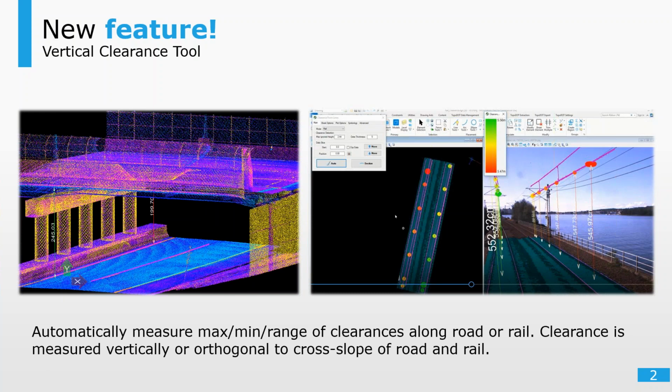You want to look at that whole lane, which we do one lane at a time here. And the big criterion is that those measurements have to be orthogonal to the super elevation of the road. So instead of being vertical clearances, they actually have to be orthogonal to the road, the gradient or the angle of the road.